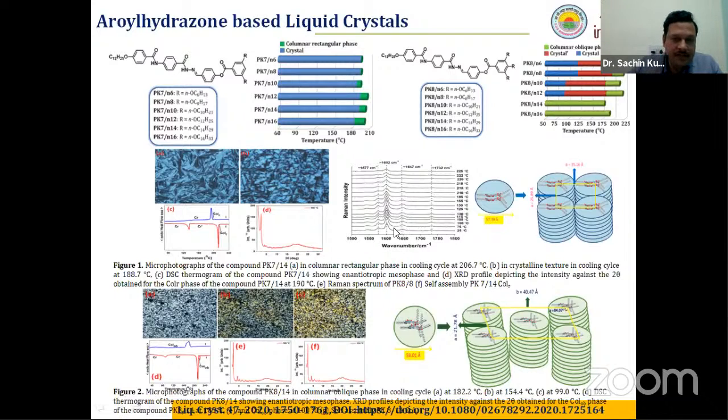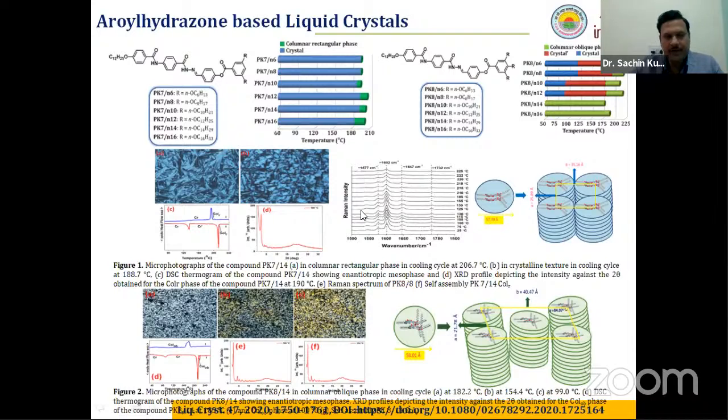That is quite interesting, because at higher temperature, in most cases that bond breaks. Therefore we published some part as a part of publication, and a few parts are also under process of patent. And further, these are the columnar oblique phases and columnar rectangular phases we have observed.